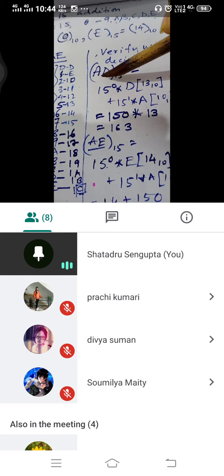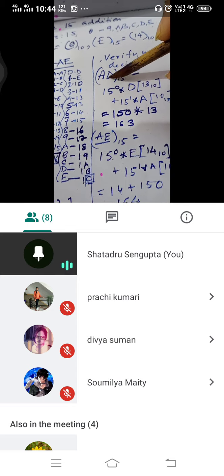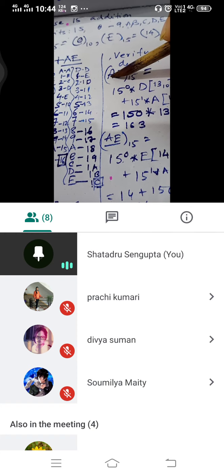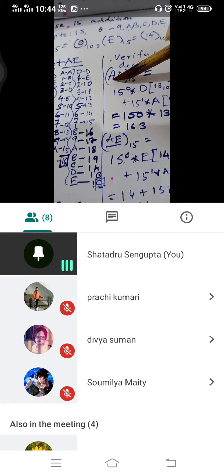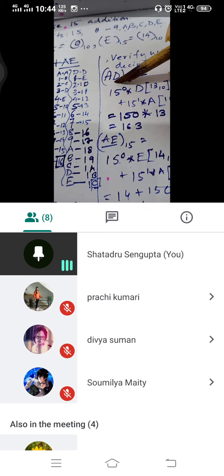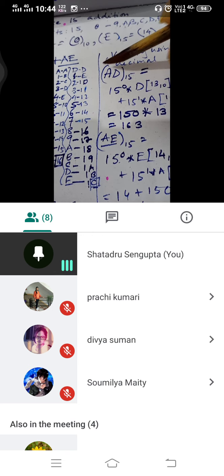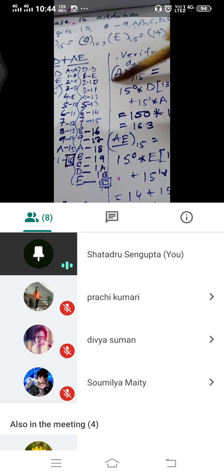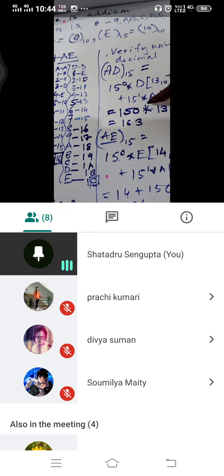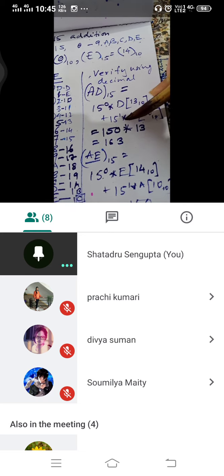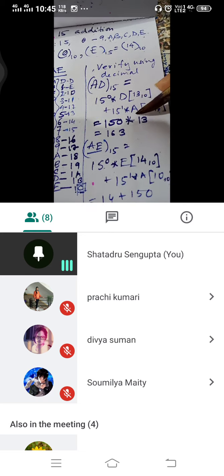In any of these number systems, the value is given by the digit multiplied by the base to the power of 0, plus the more significant digit multiplied by the base to the power of 1, then the next more significant digit multiplied by the base to the power of 2, and like this we go on. The point is that we count in decimal rather than in pentadecimal.